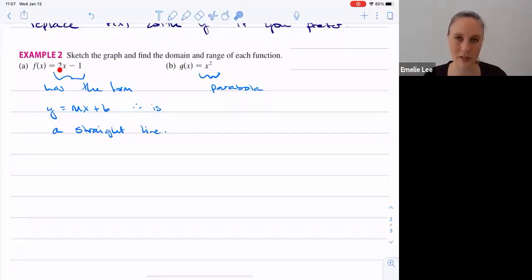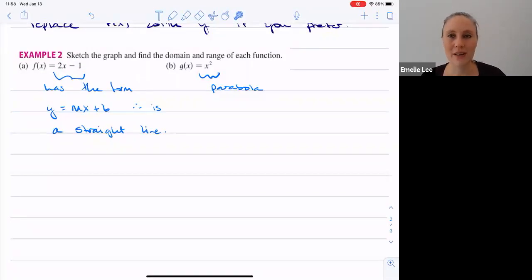But if you know you've got a straight line, you really only need 2 points. So you'd pick an input, some value of x, say 0. Then y at x equals 0 is 2 times 0 minus 1, so -1. That would be your first point, right? So you can find ordered pairs at different values of x.